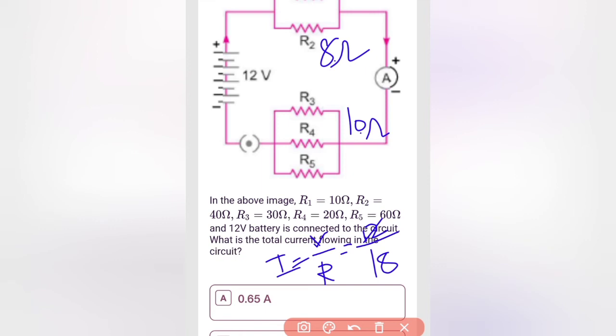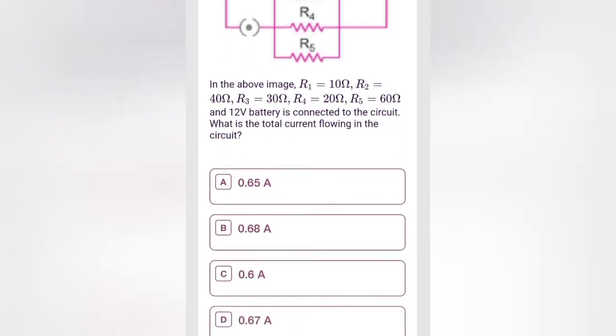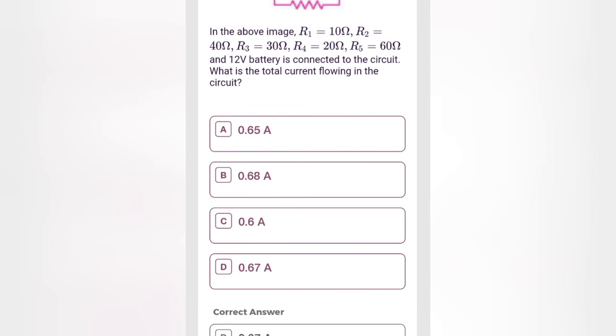So 6 2's are and 6 3's are, we get 2 by 3. So we get 0.66, which is going to be 0.666. So it is 0.67. Option D is the correct answer.